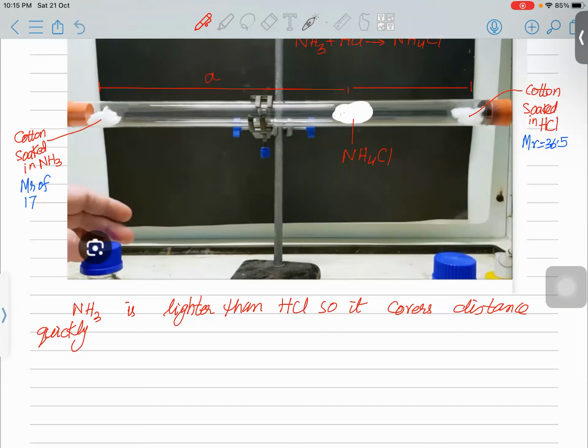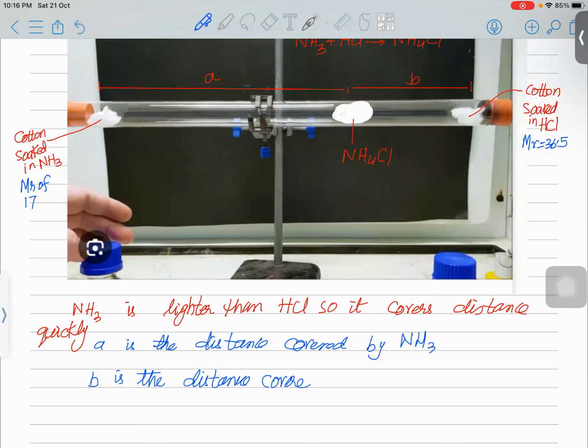This is A, this is B. A is the distance covered by NH3, while B is the distance covered by HCl.